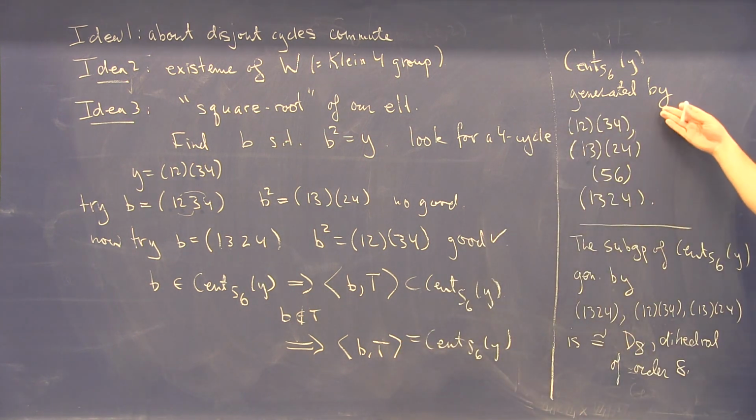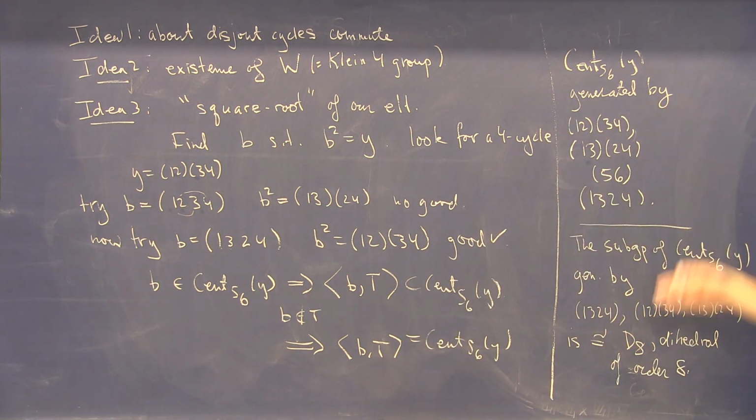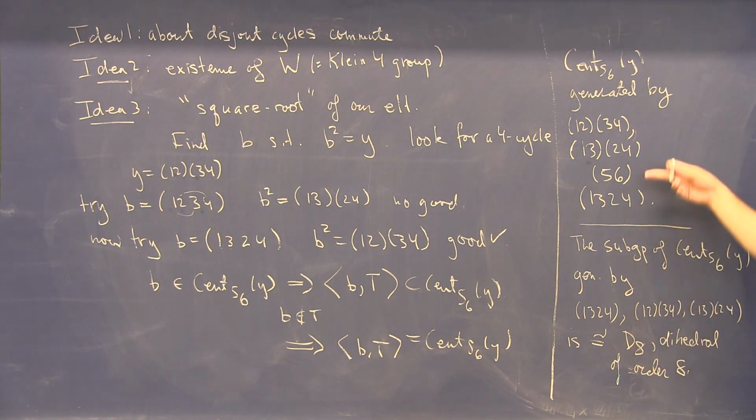And then the big centralizer is just the direct product of this dihedral group of order 8 with this subgroup of order 2 generated by the disjoint (5 6). Okay.